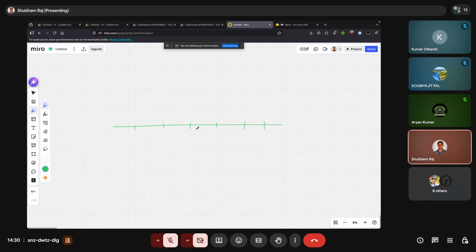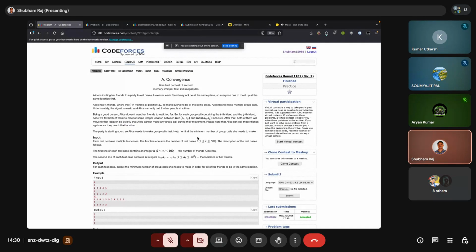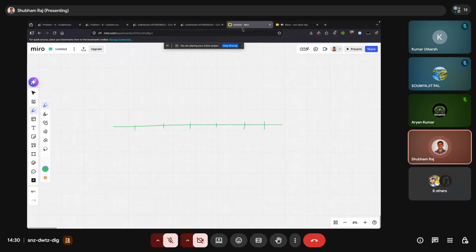She can only make two calls at one time. And one condition is also there: if she wants to invite two friends, she can invite them only to places between them, because min of A_i, A_j and max of A_i, A_j will be the endpoints, and the places between them are the places lying between them.